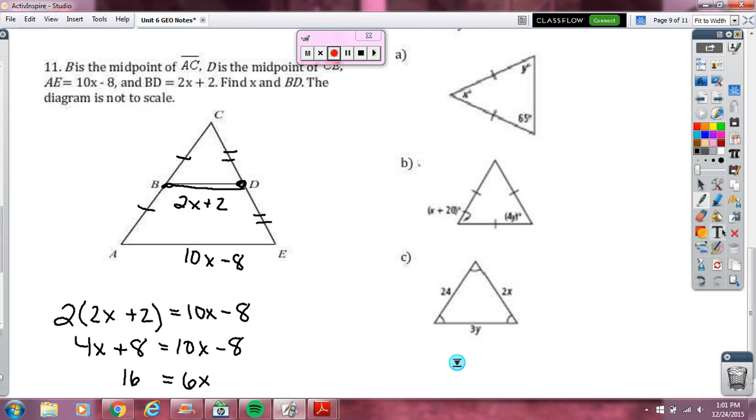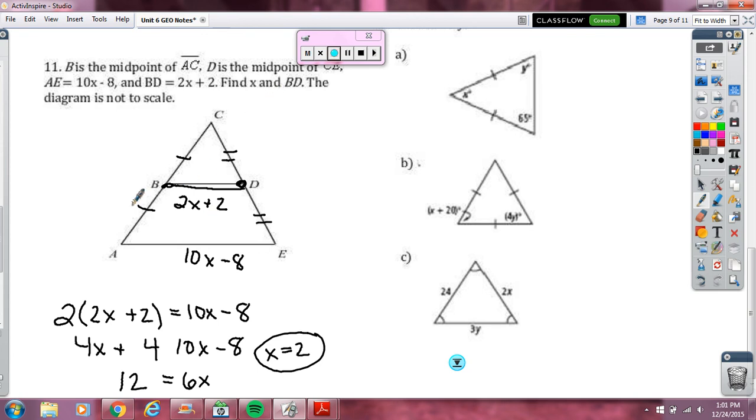Oh, guys, crazy town happening. 2 times 2 is 4, and then that would make this 12, and then x is 2.